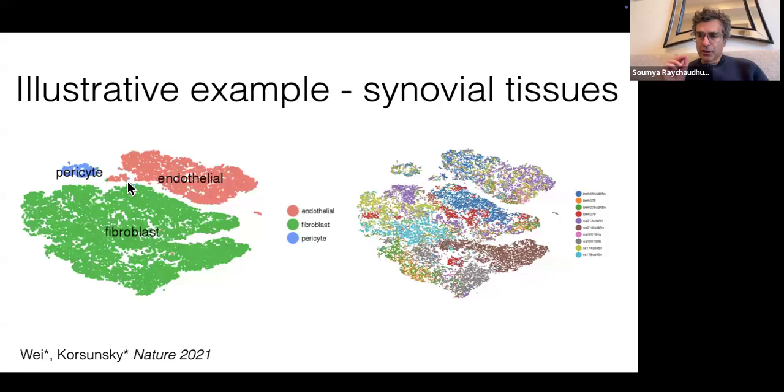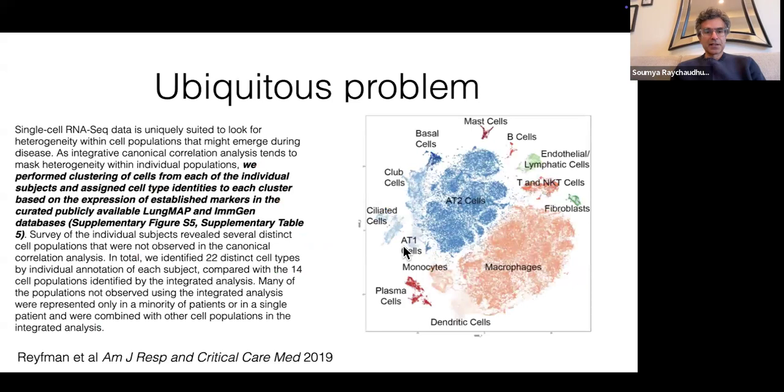But now if you started coloring your cells by the individual you got them from, you start to see that every individual sort of clusters out separately in this UMAP plot. So cells from an individual were more similar to themselves than cells from another individual. And what we thought that really reflected was not inter-individual differences. We don't necessarily believe that every person has their own unique cell states, but we think that reflects more batch effects, that each of these samples were handled slightly differently, processed slightly differently, and that created some difficulties.